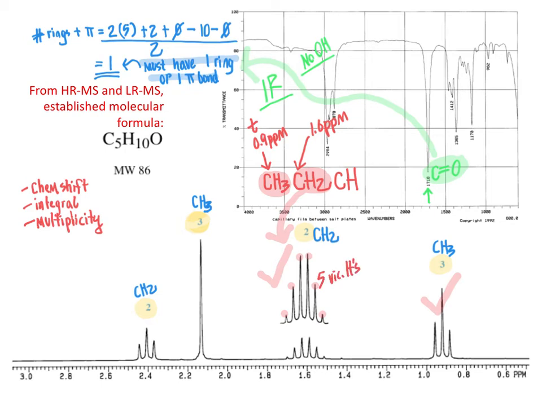And in order for the CH2 group that we have measured here to have 5 vicinal hydrogens, we have 3 from over here. So we need 2 to be on the other carbon right here.